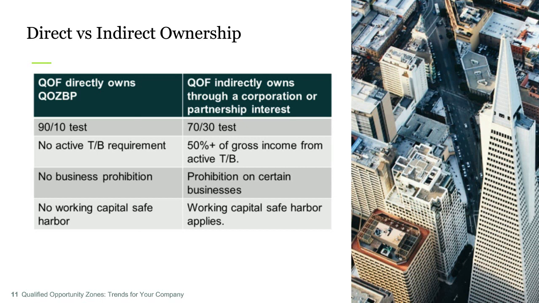So I would say just generally, thus far, what we're seeing is the fund sit above the asset owning entity. And there are a few different reasons for that. One, in order to qualify as a qualified opportunity fund, you basically have to invest the money into these targeted census tract areas.